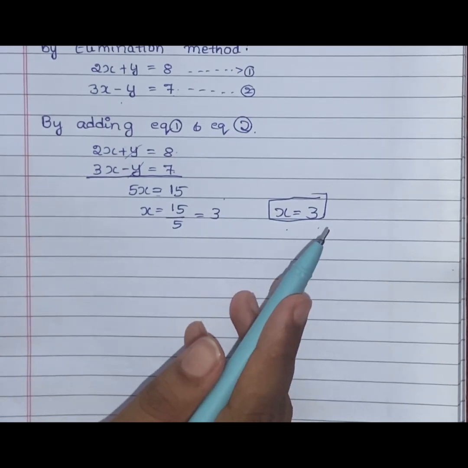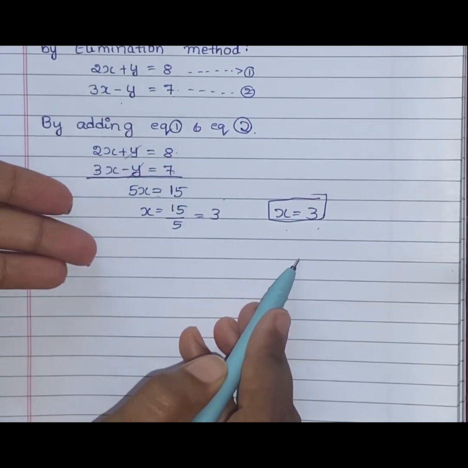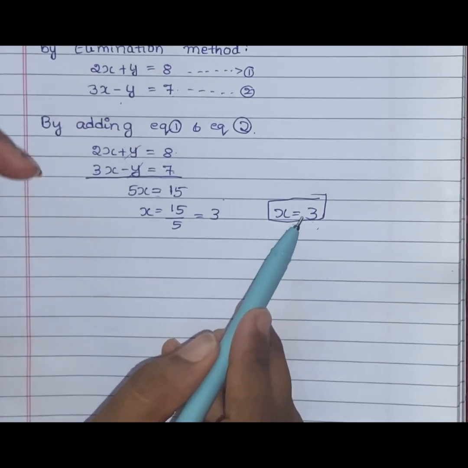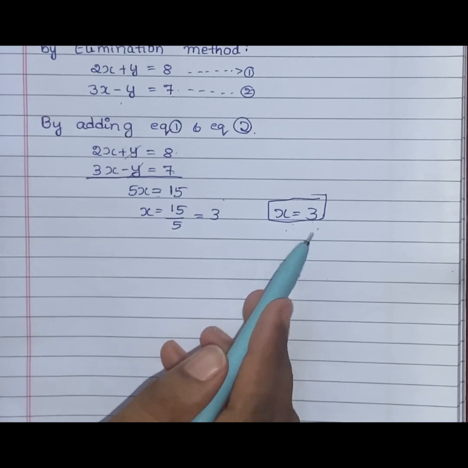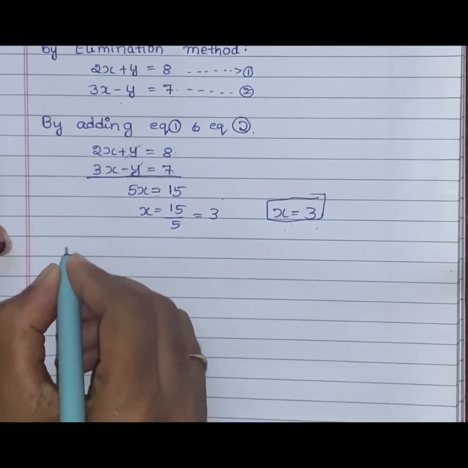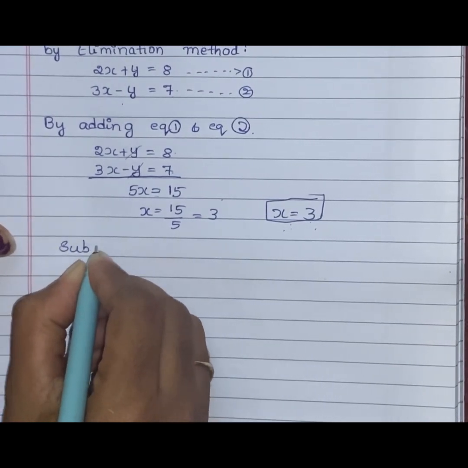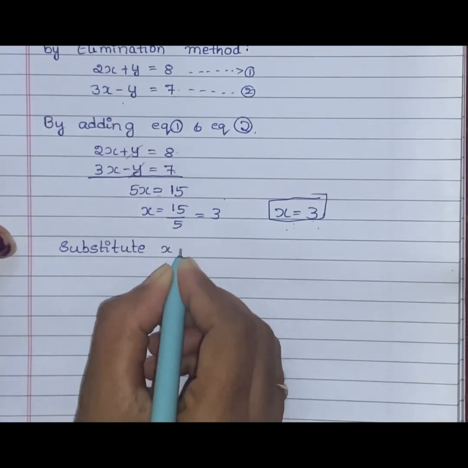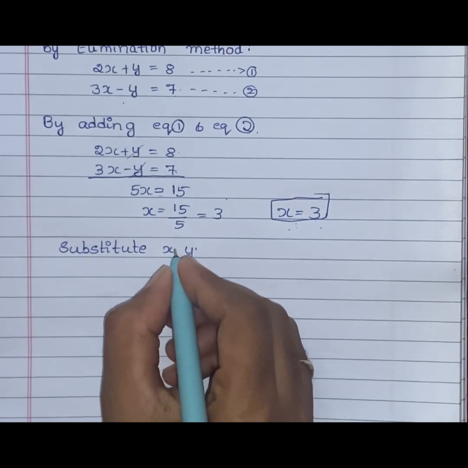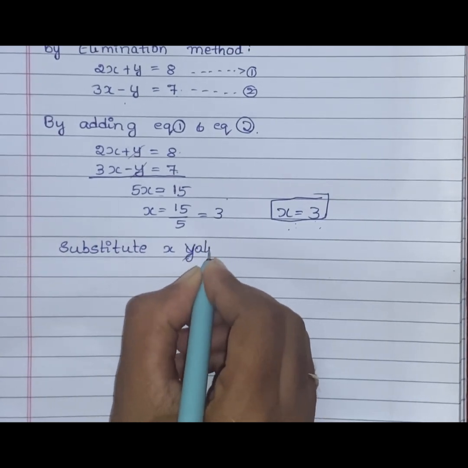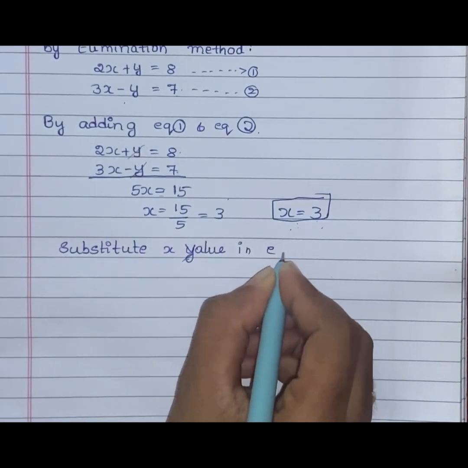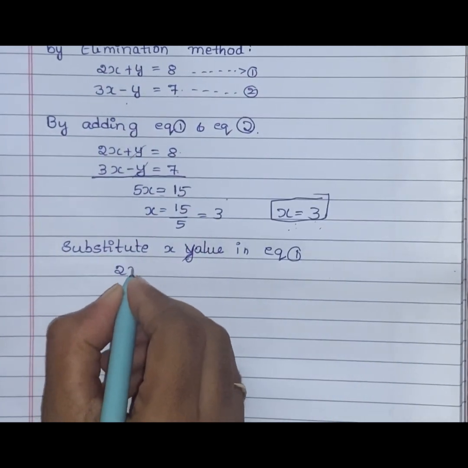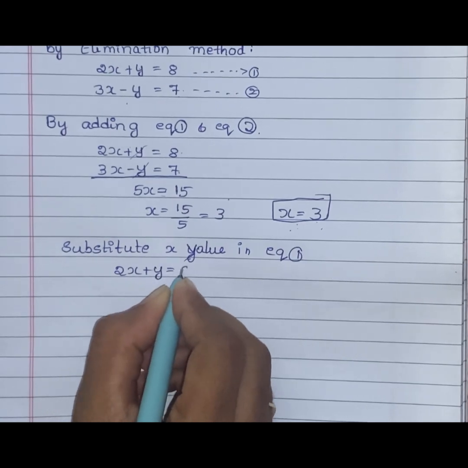When we know the value of any one variable, either x or y, we need to take this value and substitute it in any of the equations. So if I substitute the x value in equation 1, equation 1 is 2x plus y is equal to 8.